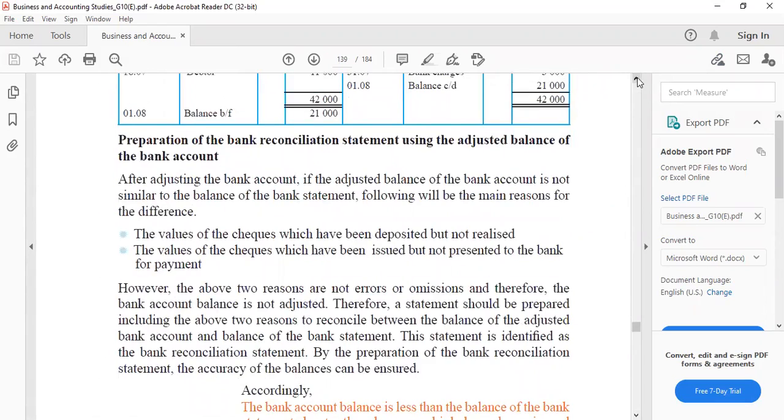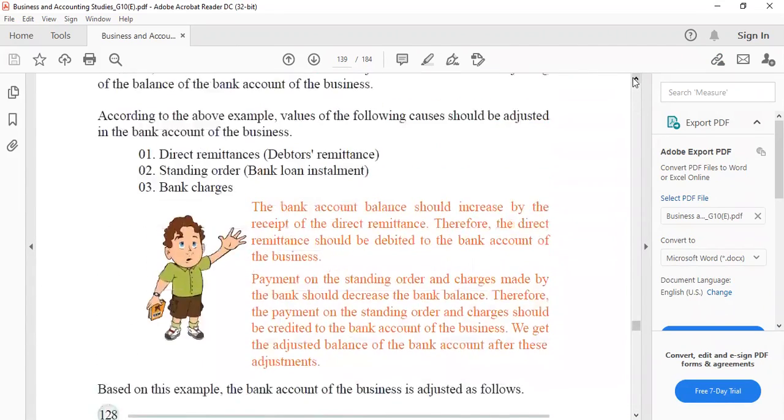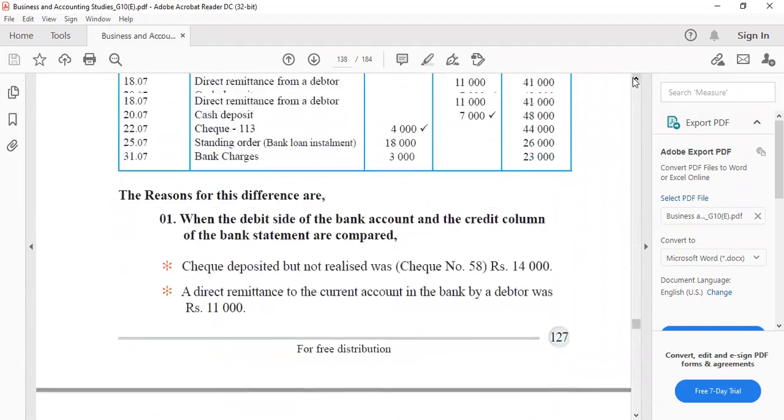Now here you can see the adjusted bank account. I said that the 31,000 balance should be taken to the adjusted bank account.